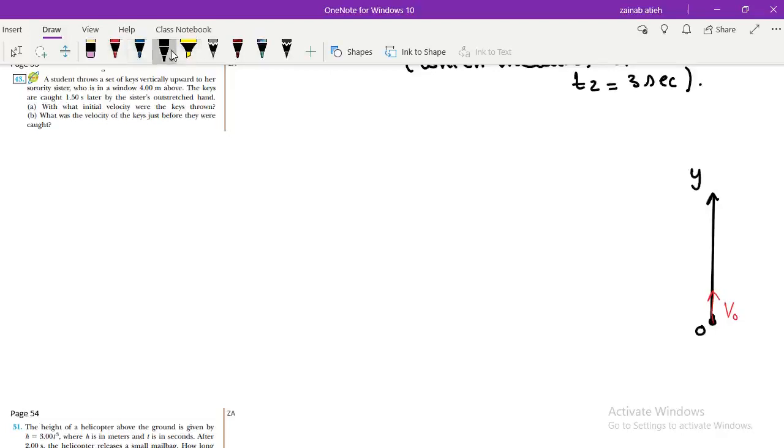At a certain altitude, when they arrive at a height y equals 4 meters, the time was 1.5 seconds. That was the given: when she caught them, their height above O was 4 meters and 1.5 seconds had passed. In part A, with what initial velocity were the keys thrown? So I have to find v0.